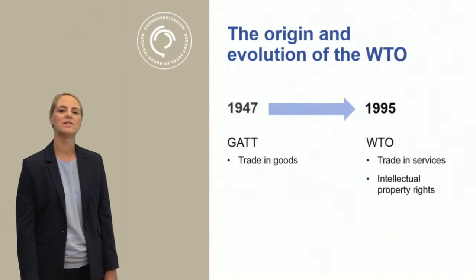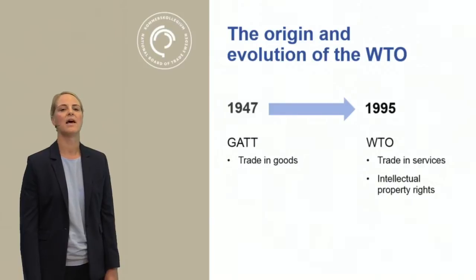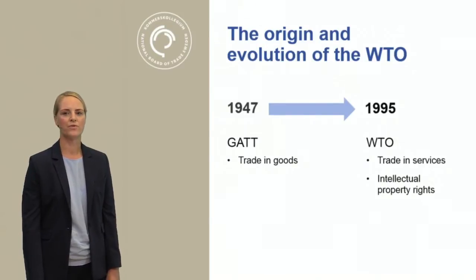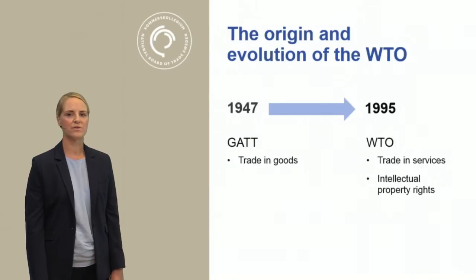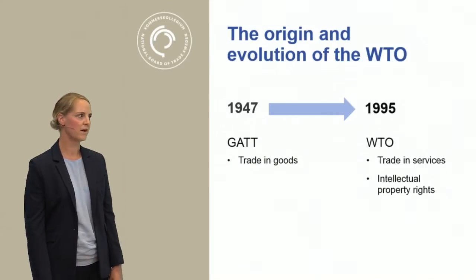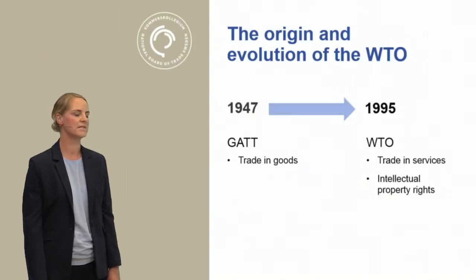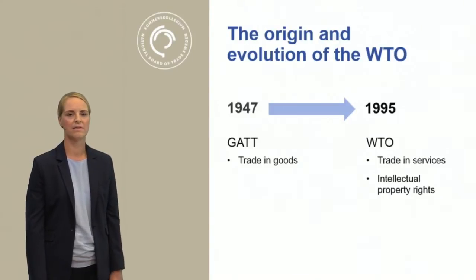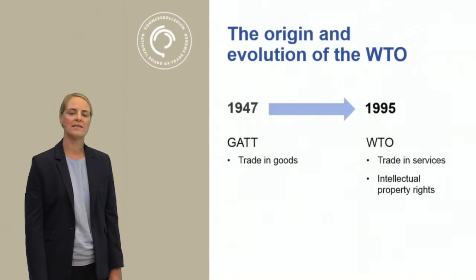The negotiations that took place in the late 1980s and the early 90s led to a reform of international trade rules. The WTO and a new set of agreements was established in 1995, covering also trade in services and intellectual property rights. The WTO replaced GATT as an international organization, but the General Agreement still exists as the WTO's umbrella treaty for trading goods.